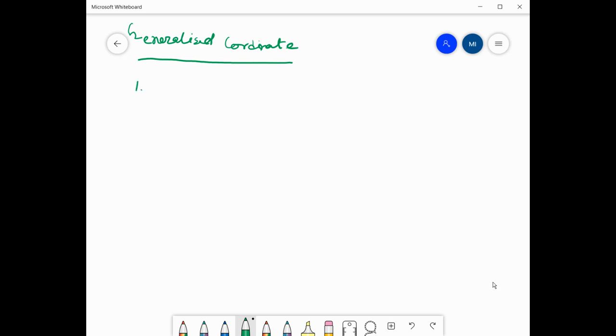One is degrees of freedom, and the second is force of constraints. First, I will discuss degrees of freedom and force of constraint. Then I will go to the generalized coordinate.